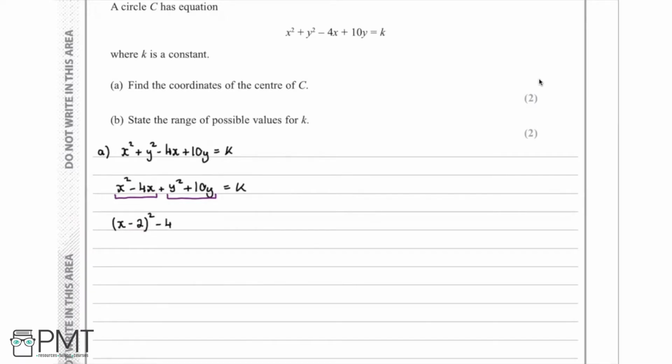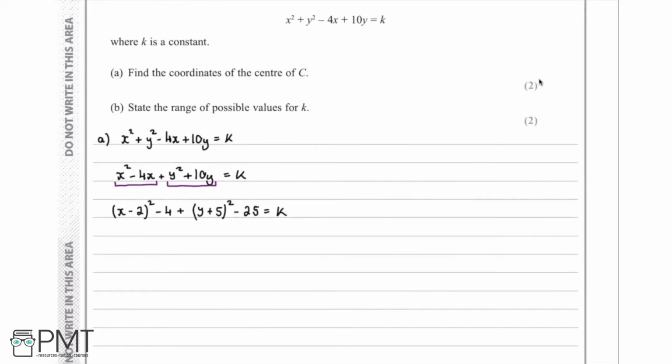And then we do the same for the y terms, which gives us y, and half of 10 is 5, so y plus 5 squared, and then 5 squared is 25, so we subtract 25, and that is equal to k.